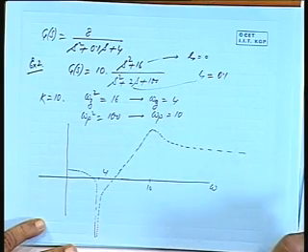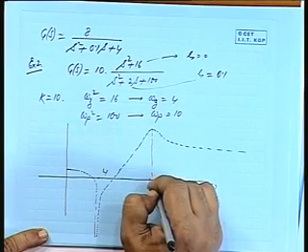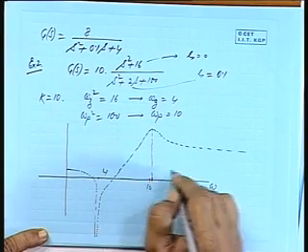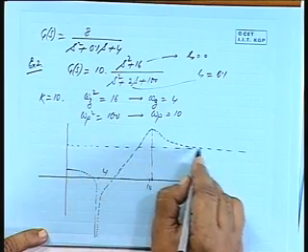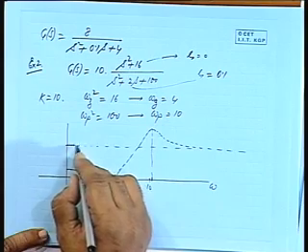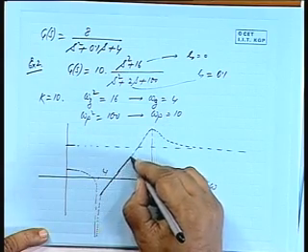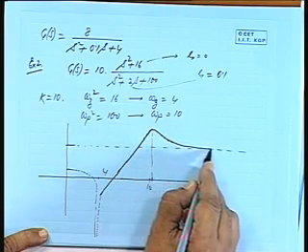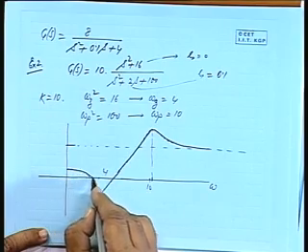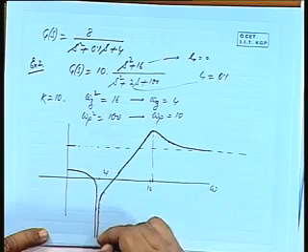It will be settling somewhere. So you have to specify this value, and this value where it settles. Okay. So, what will be the starting value? This will be the sketch.